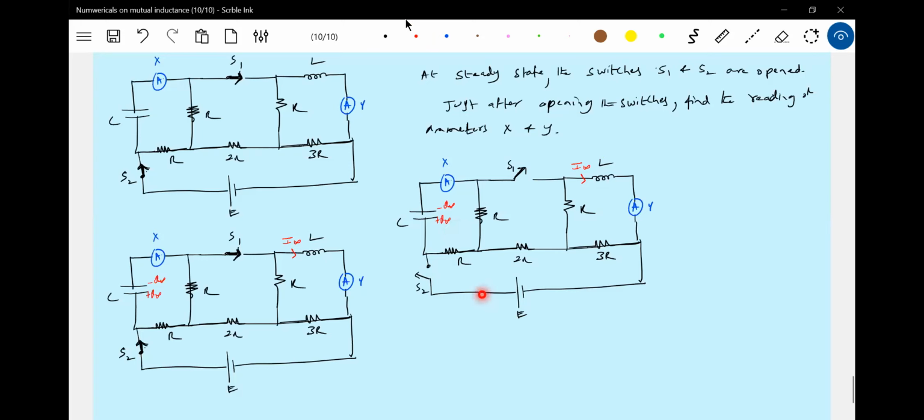There won't be EMF due to the cell, so there won't be influence of this cell on either the capacitor or the inductor. Agree? Then the capacitor is having a loop. It will try to discharge, and there will be a current through this one, flowing in this direction. This is what I_C will say.